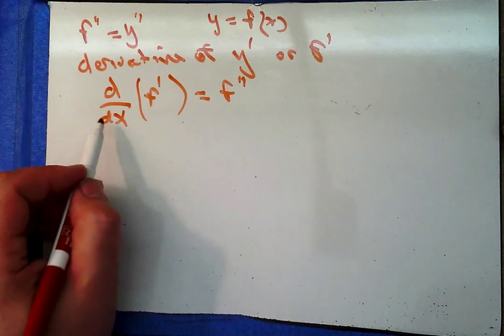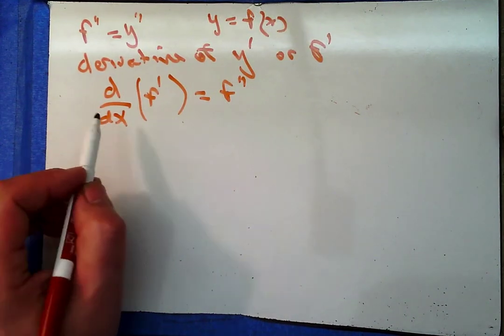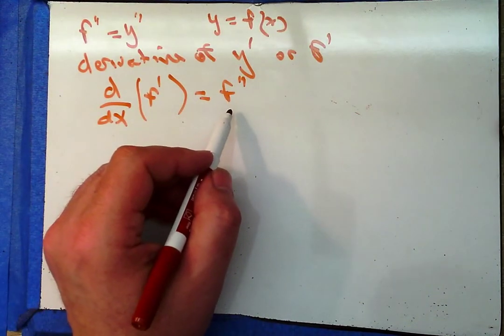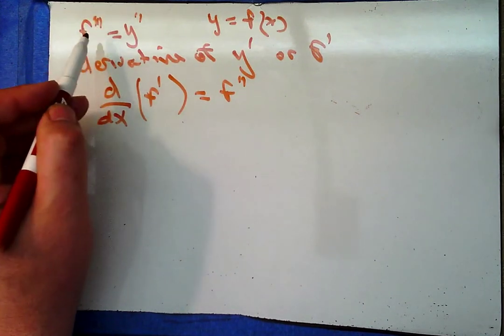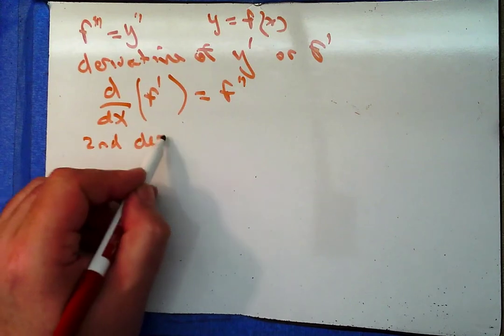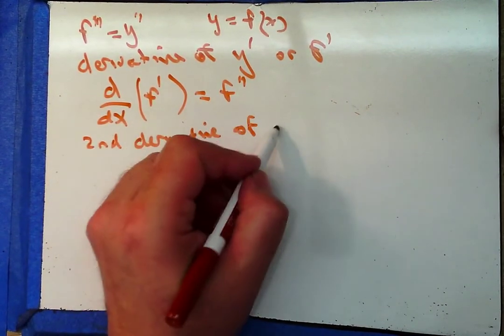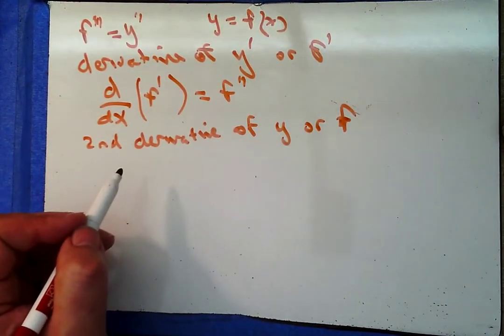So we could have that imperative verb form of the derivative, where we take the derivative of this to get that, as opposed to just the noun form, hey, this is the derivative of something. It's also the second derivative of y, or f in this case.